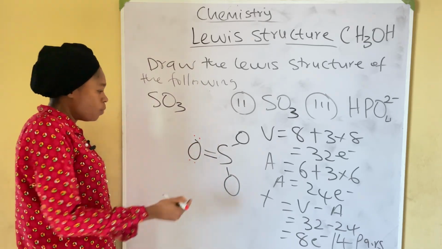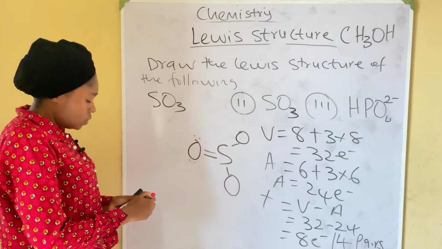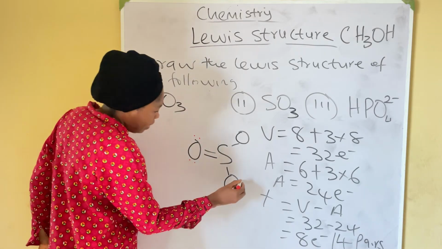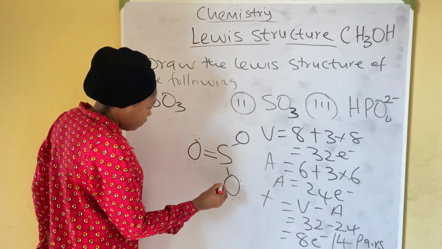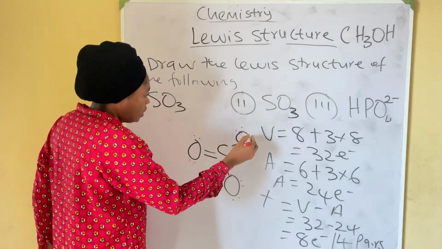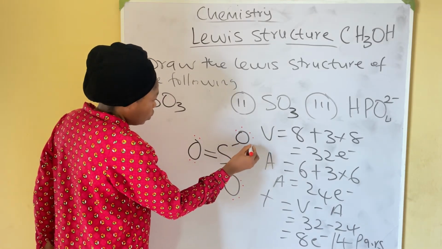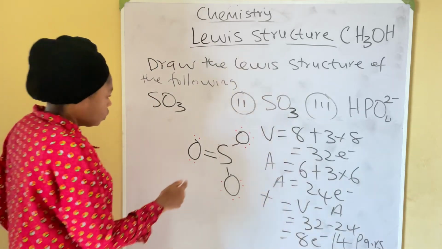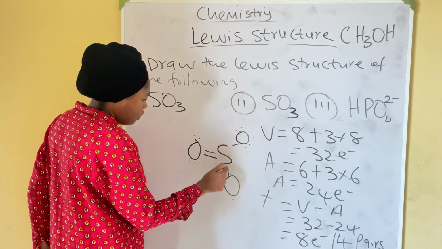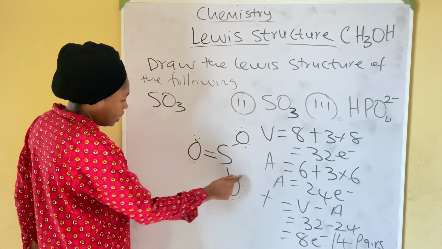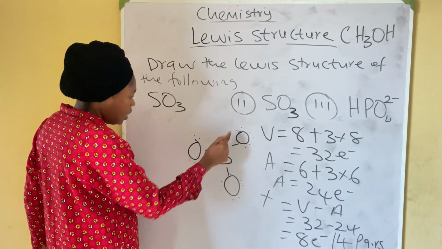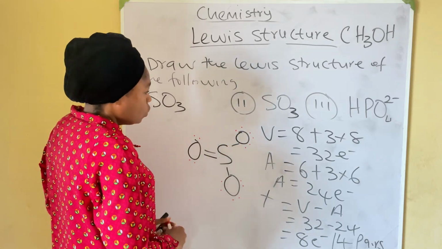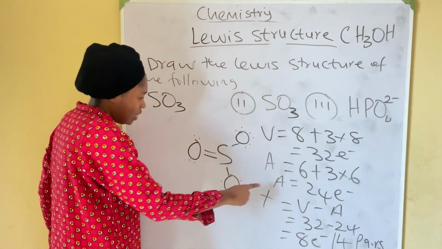When I have an oxygen double bond, it holds only 4 more electrons. 11, 12, 13, 14, 15, 16, 17, 18, 19, 20, 21, 22, 23, 24. So we already have 24 electrons, which matches our available electrons.